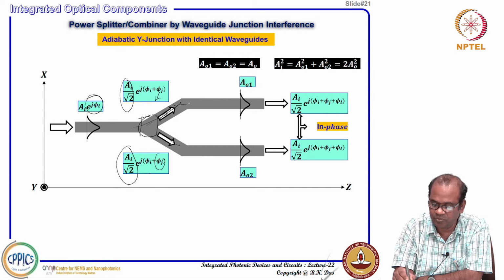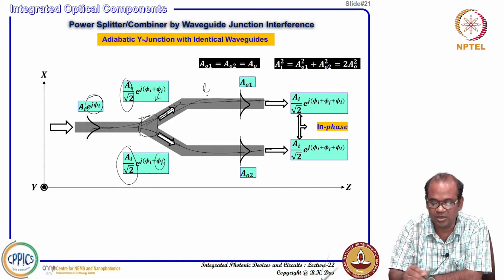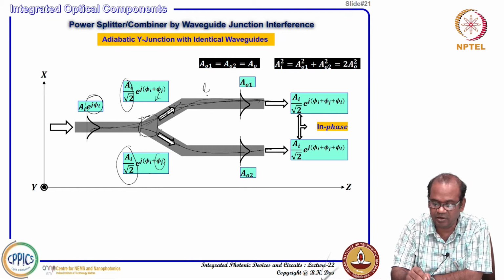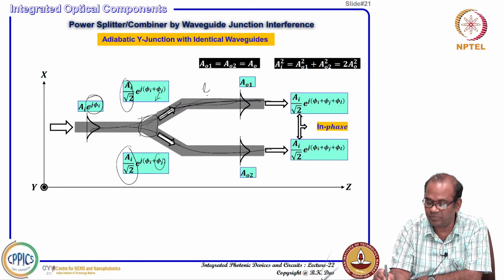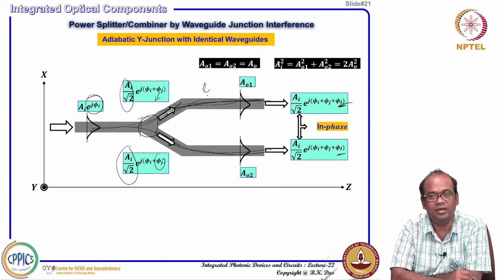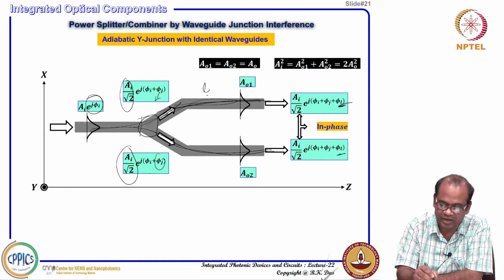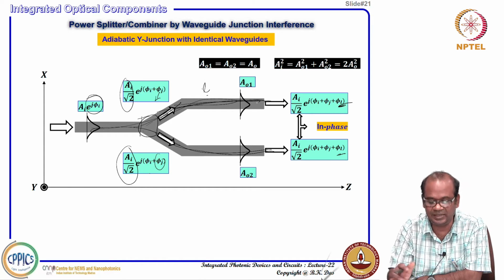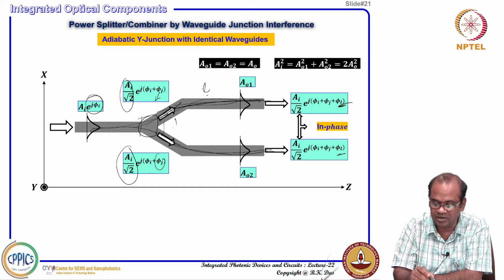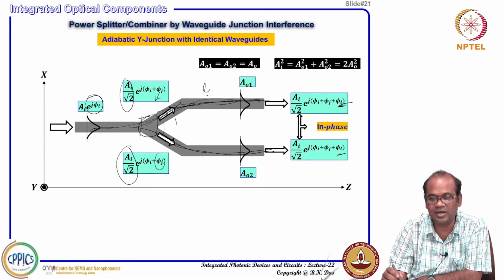Now, as it propagates, it travels some length. Suppose the overall length it travels is the same; whatever phase is there, the upper arm will acquire an additional phase phi L, and if it is symmetric, again additional phase phi L. So if everything is identical and symmetric, the phases are also identical.